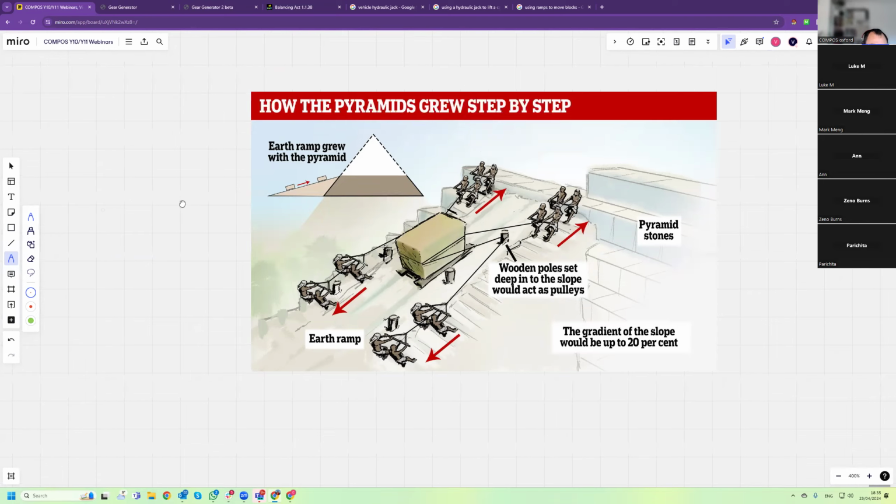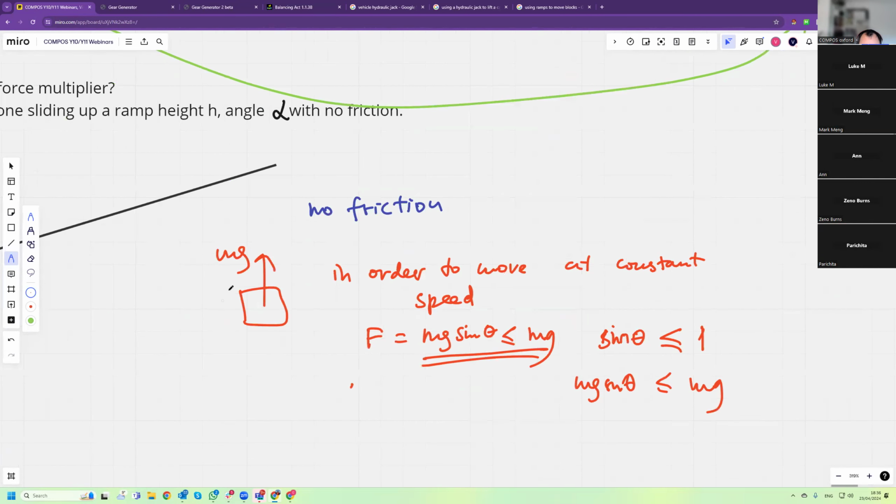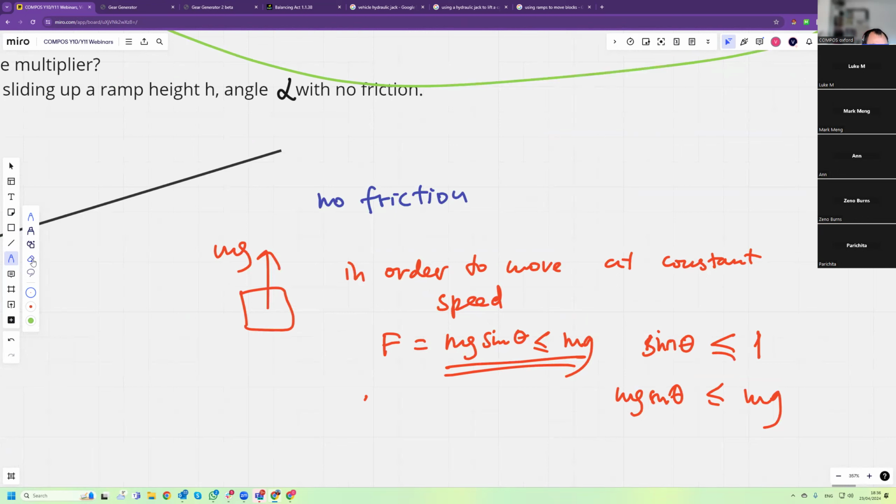Oh, the arrow going up on the block. That's supposed to be mg, not up. If you wanted to lift a block just vertically from the bottom to the top, you need a force which is mg.